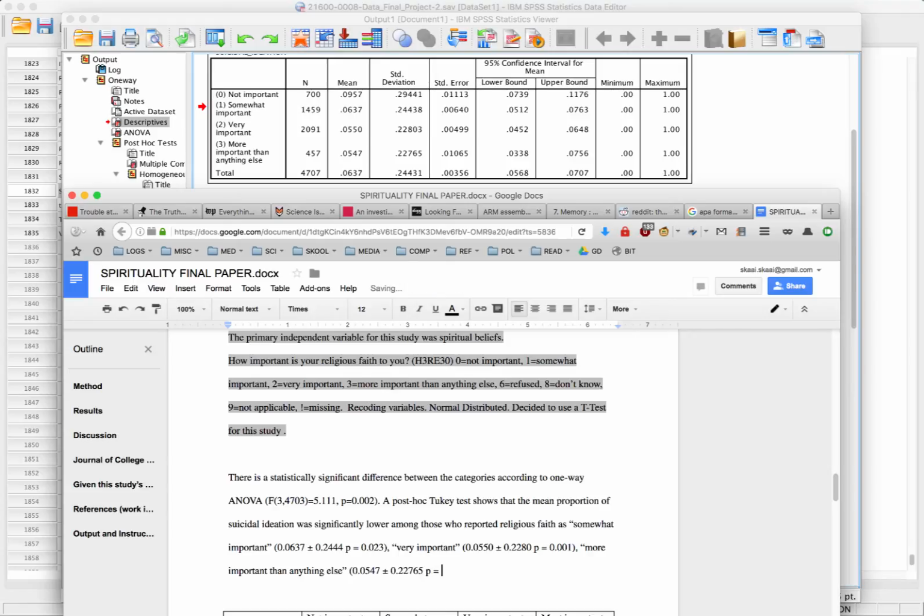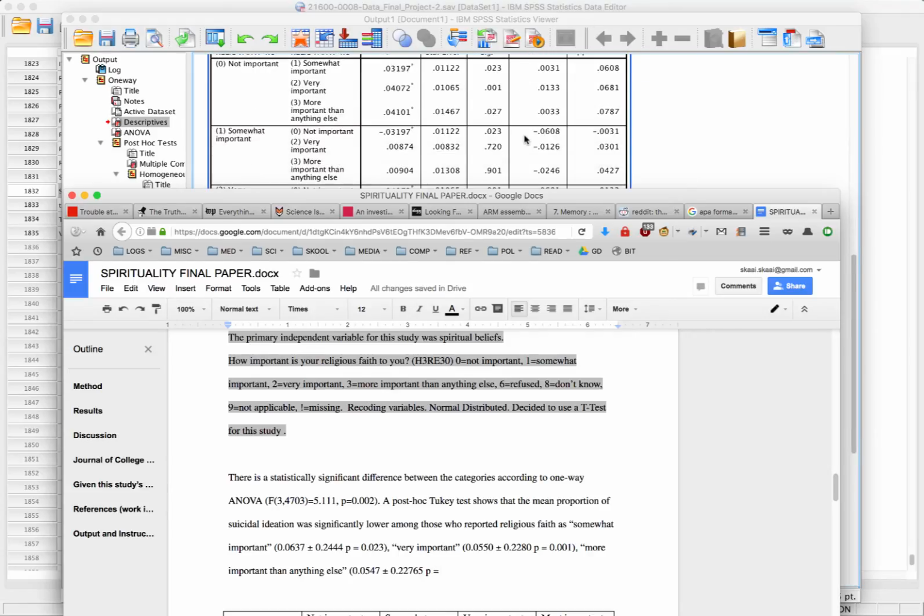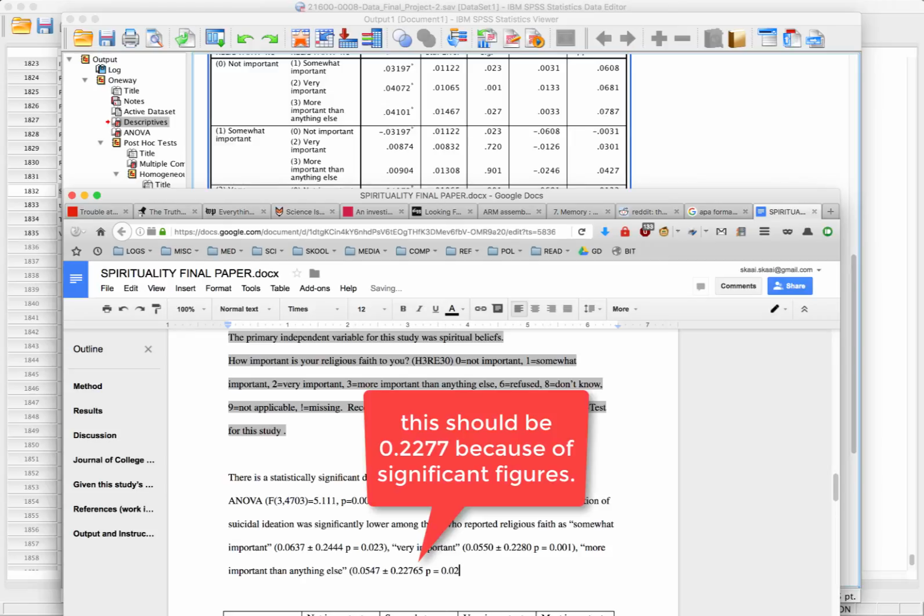Okay, and P equals, back down here, 0.027.